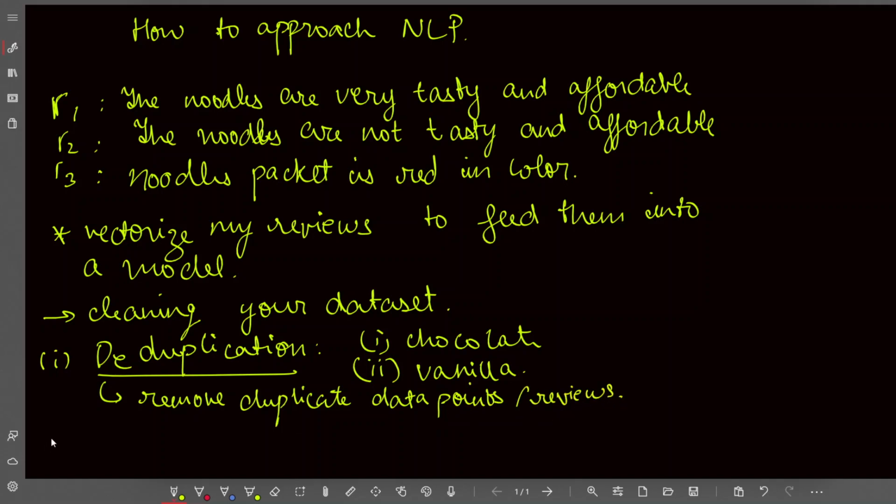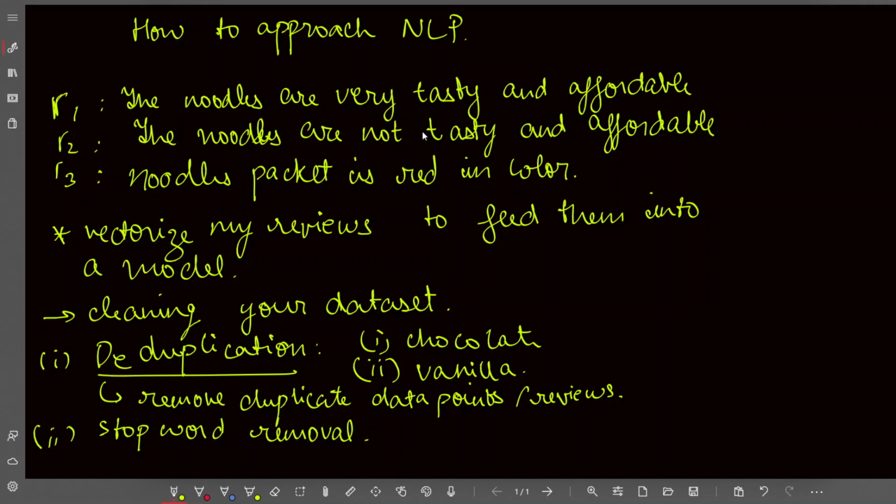Okay. The second technique is something called stop word removal. So now what is a stop word? If you look at these reviews, review 1, review 2, review 3, when I'm trying to find the sentiment of a review, let's say review 1 is something like, the noodles are very tasty and affordable.